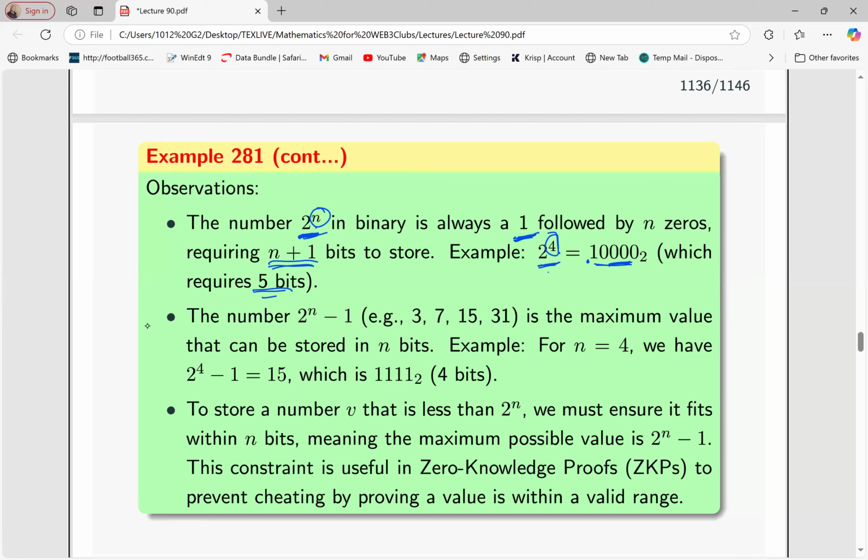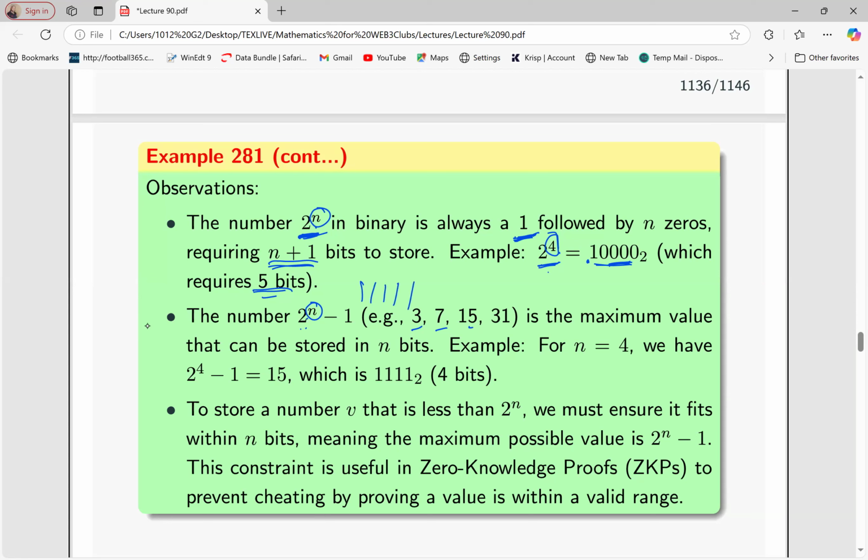What about the number 2 raised to n minus 1? For instance, 3, 7, and so on. How many bits will this number be? But before even that, this is n. So how is this number in binary? In binary, this number is 1 repeated n times.